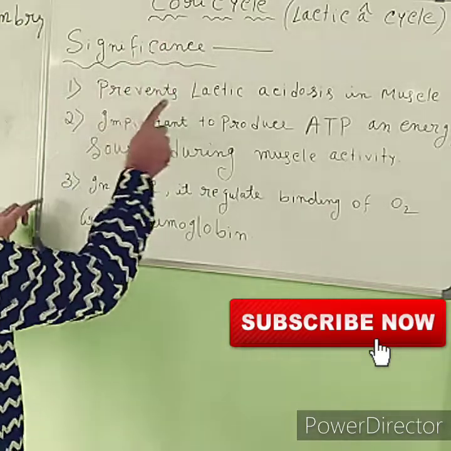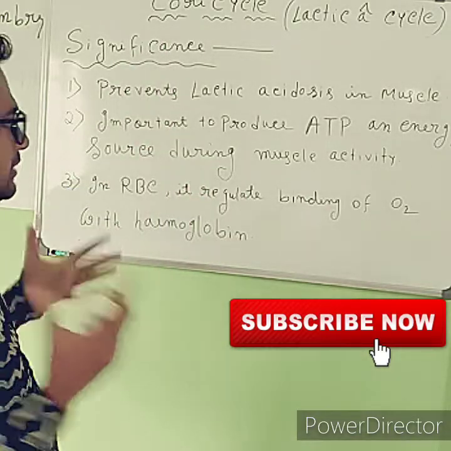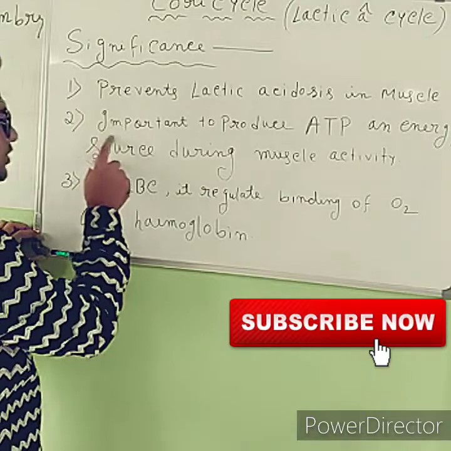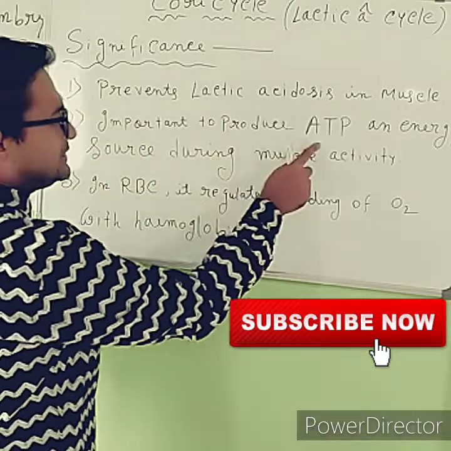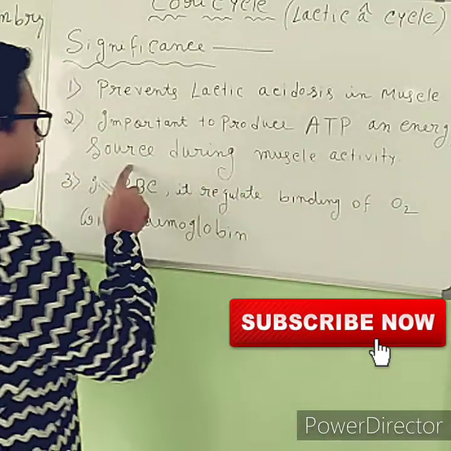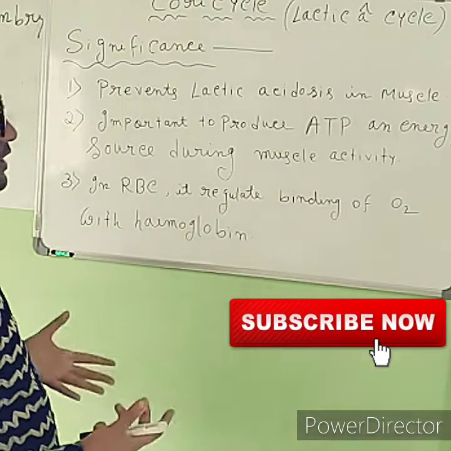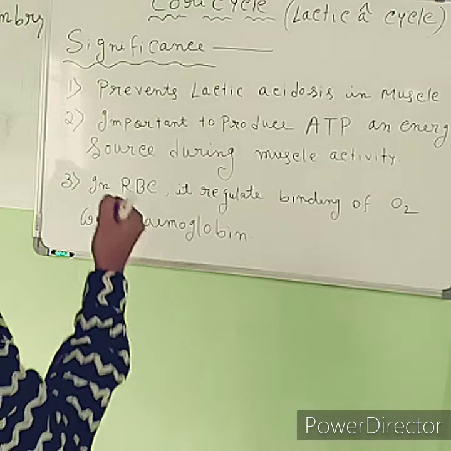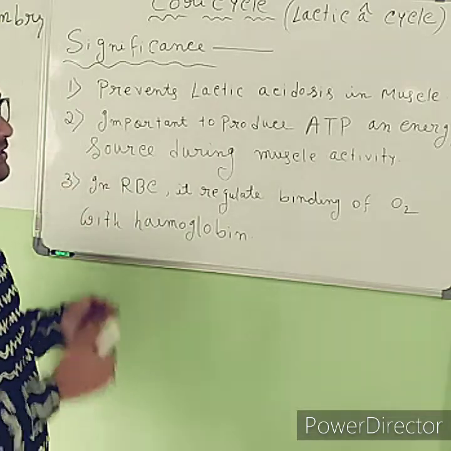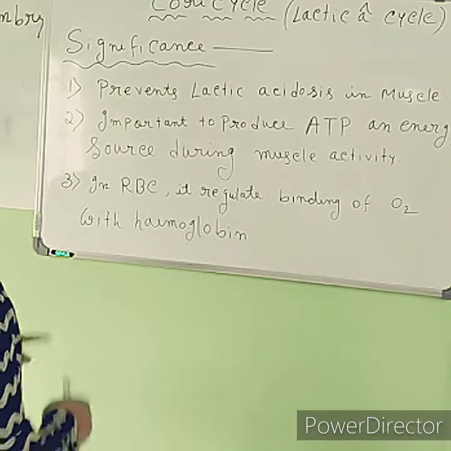The Cori cycle is also important to produce ATP, an energy source during muscular activity. So during muscular activity, we have the energy to do any work.